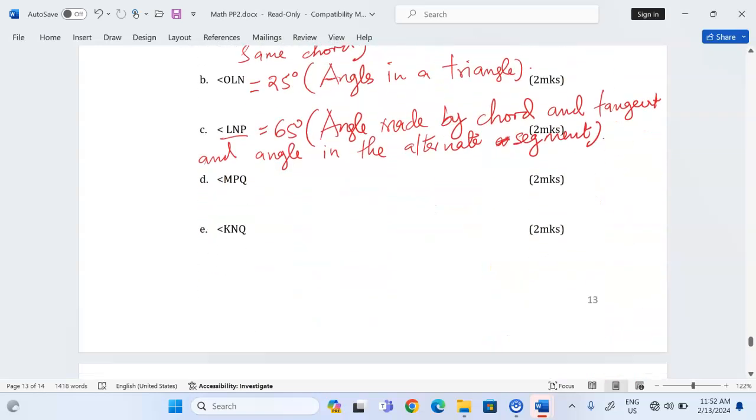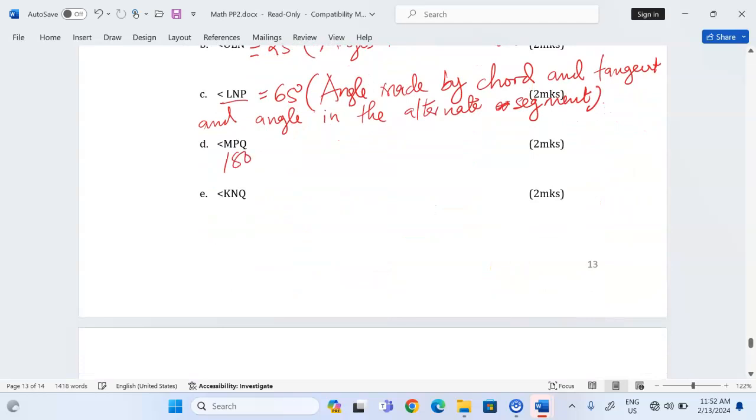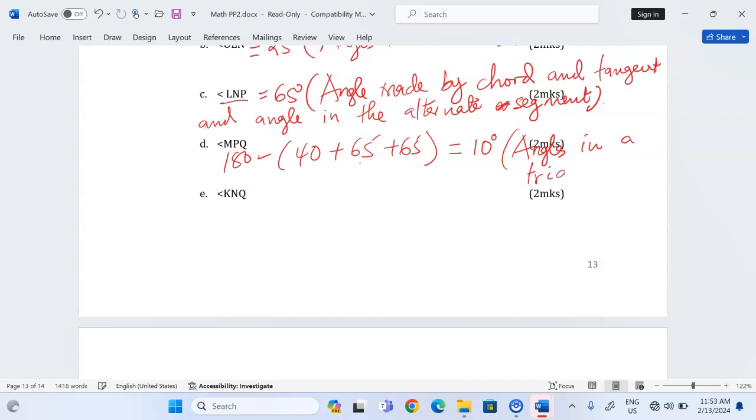Therefore, we will need 180 minus 40, 65, 65. So that will give us the remaining angle. Remember, this is 130. When we add 40, we get 170. So the remaining angle will just be 10 degrees. And these are angles in a triangle, which must add up to 180.